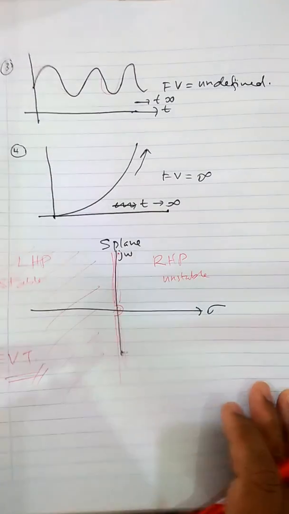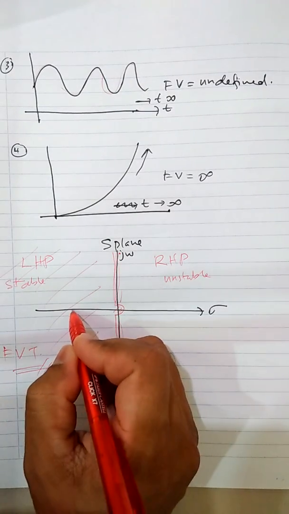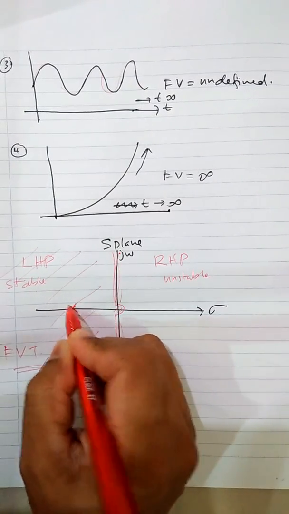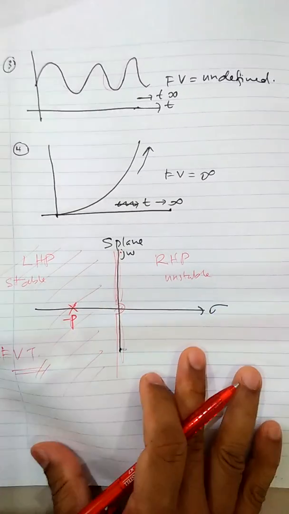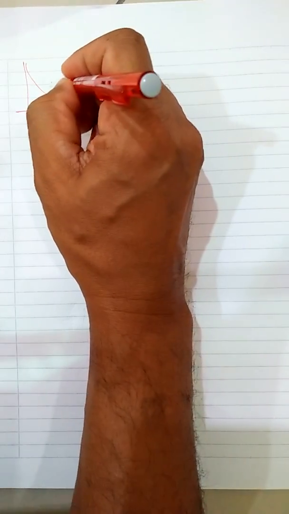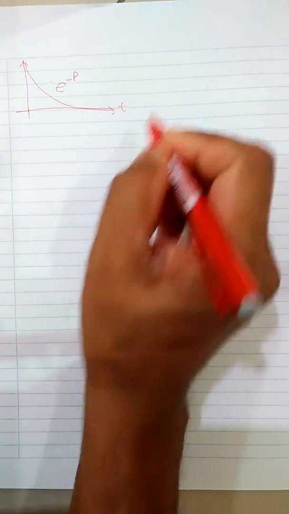So let's try to do it mathematically. Graphically, we know that, let's say the pole is here, on the left hand side, at minus P. So the graph will be like this, e to the power minus P t.